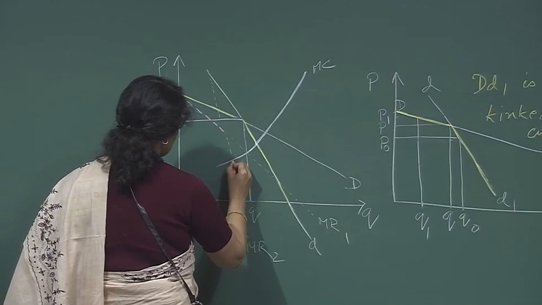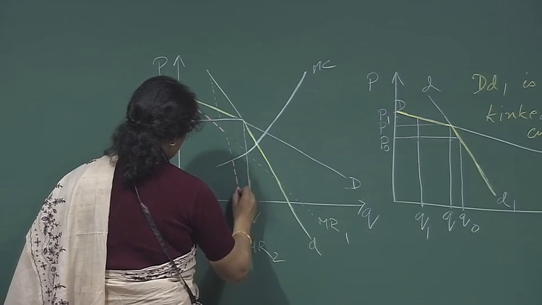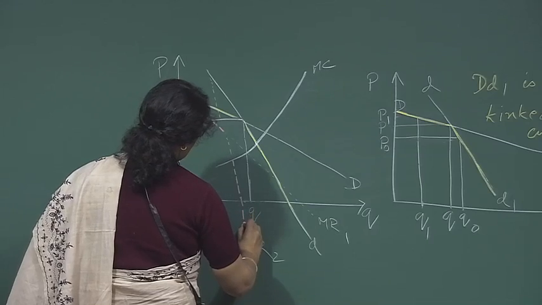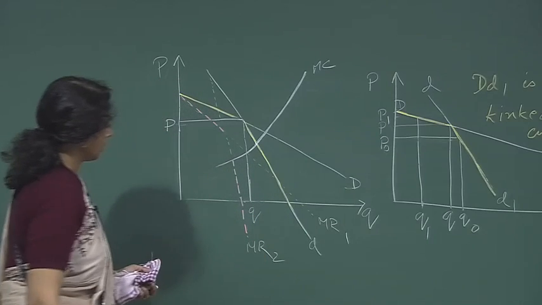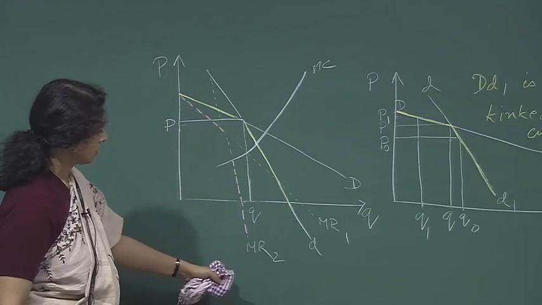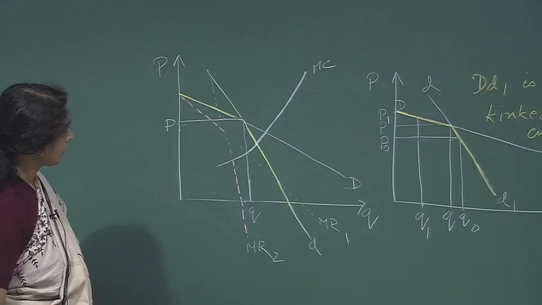So this is here. The pink line is the marginal revenue curve.